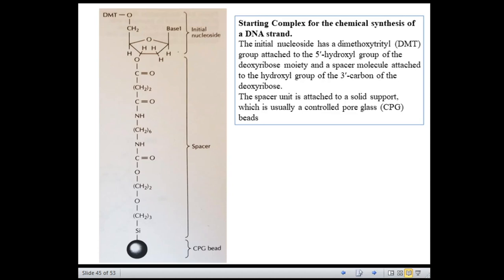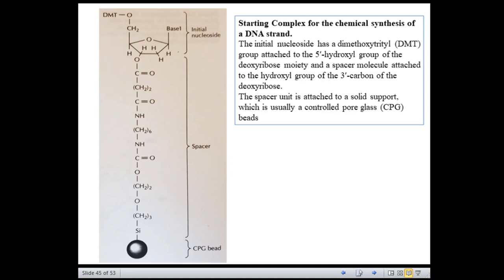So this is attached to a spacer molecule via its 3' terminus, and in turn this spacer molecule is covalently attached to the support material. Here the support material is a controlled pore glass bead, because the pore size is uniform, it can be controlled.